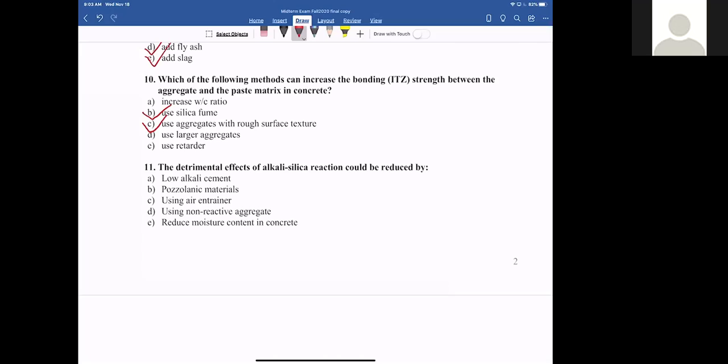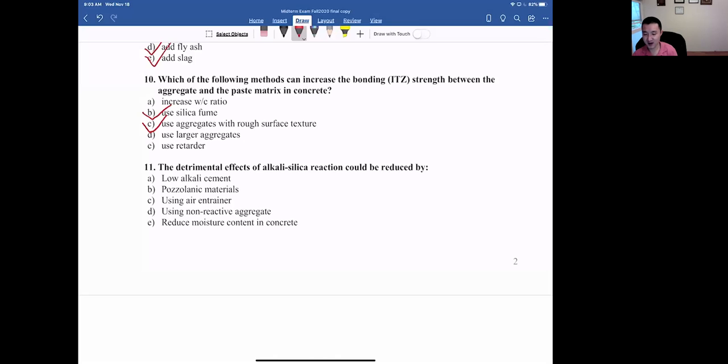D, use larger aggregate. If we increase the size of aggregate, we are going to increase the potential for bleeding and segregation. That will reduce the bonding, reduce the ITZ strength. E, use retarder.